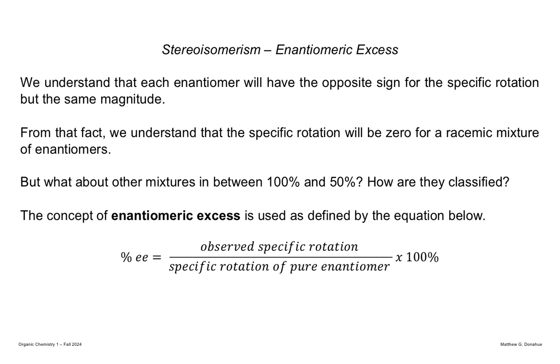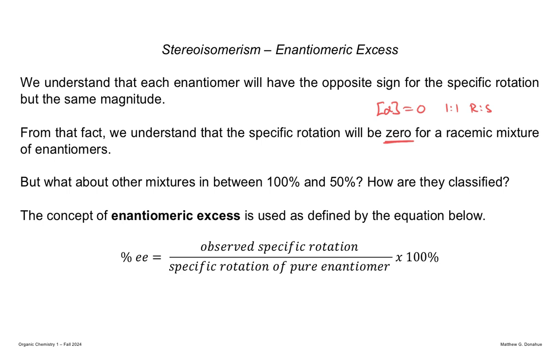So again, enantiomers will have the opposite sign, and the magnitude is whatever the instrument spits out. If you have a racemic mixture, the specific rotation is 0. But now there's an issue of from 1 to 1, the racemate, to either of the pure enantiomers, how do we describe those systems?